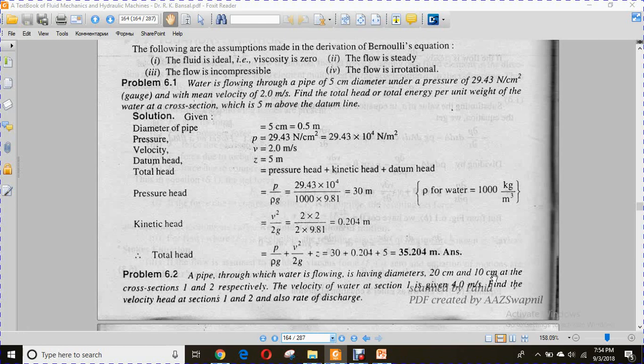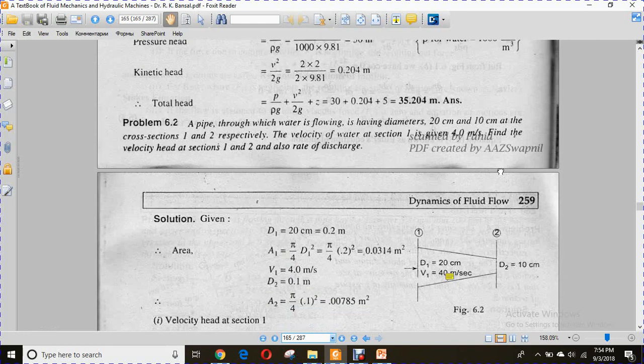Similarly, problem number 6.2: a pipe through which water is flowing has a diameter of 20 cm and 10 cm at cross sections 1 and 2 respectively. Here at section 1 the diameter is 20 cm, and after a while at point 2 it is 10 cm. The velocity of water at section 1 is given as 4 meter per second.